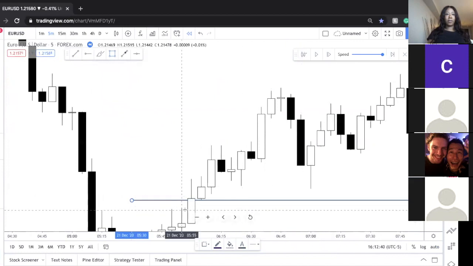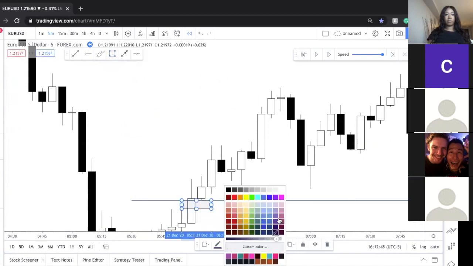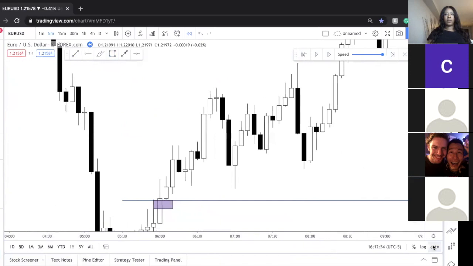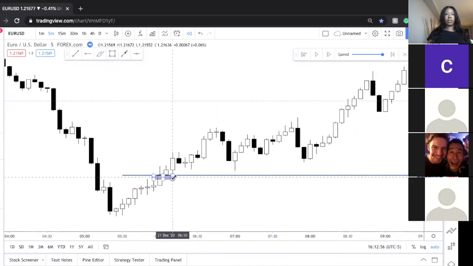So from the top of this doji to the wick over here, there's a very small gap. Right? Little bit of imbalance, but guess what? It got filled.